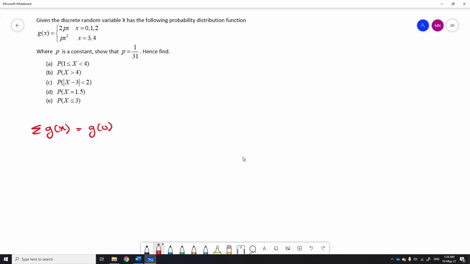So G0 plus G1, G3 and plus G4 will be equal to 1. I missed one function here, plus G2.